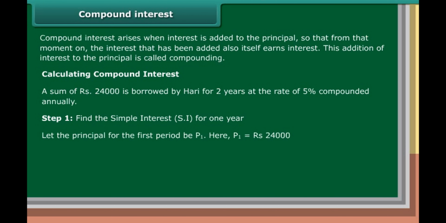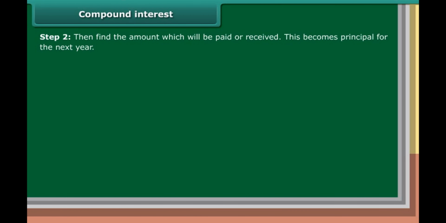Let the principal for the first period be P1. P1 is equal to rupees 24,000. SI1 is equal to SI at 5% for the first year, which is equal to rupees 24,000 into 5 upon 100, which is equal to 1200. Step 2.